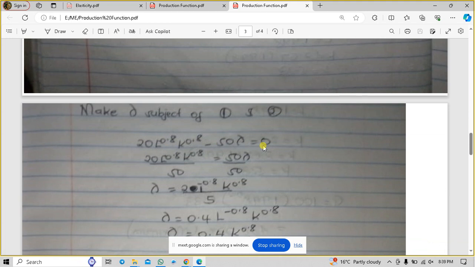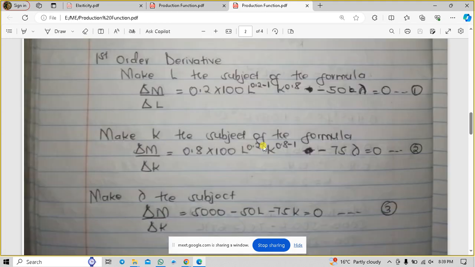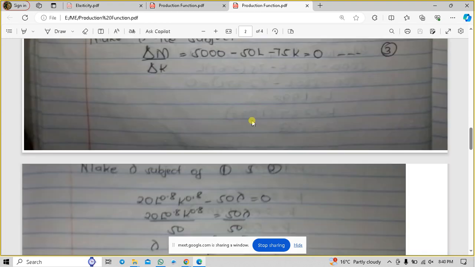The only thing we have done is just solve the equation. You say 0.2 times 100 is 20L, 0.2 minus 1 gives you negative 0.8, K is to power 0.8 minus 50 mu is equal to 0.